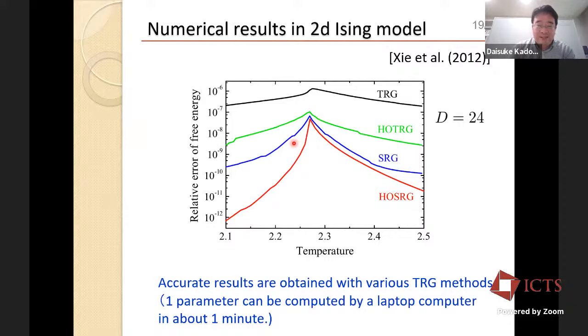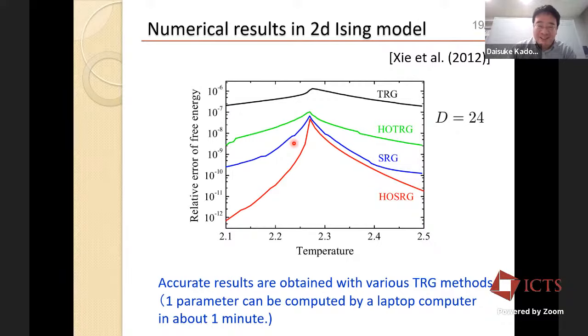There are many improved TRG methods. I think the higher order TRG method is effective in 2 dimensions, for fixed computational time.